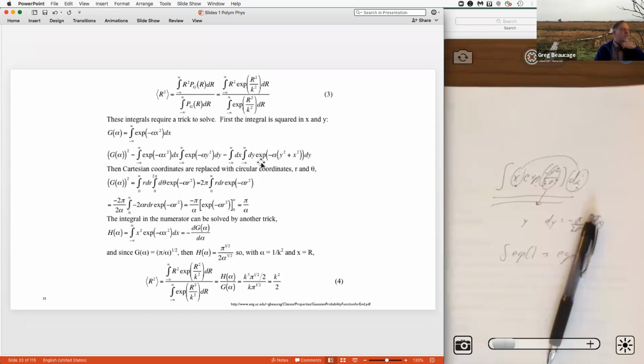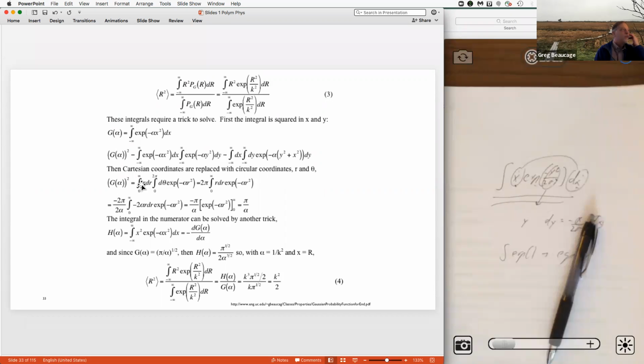Now you can convert this back to radial coordinates, right? So this is just g alpha squared, written in Cartesian coordinates, but y squared plus x squared is r squared, right? And the dx dy becomes r dr d theta, the two coordinates for circular geometry.